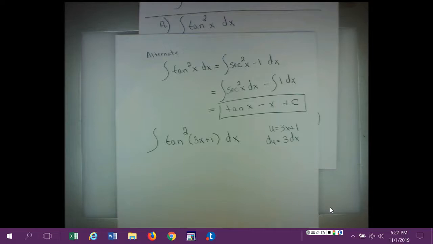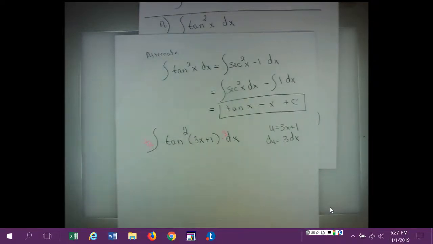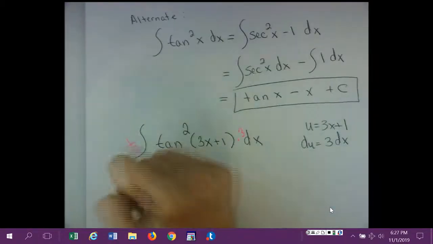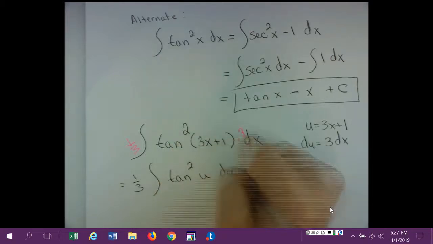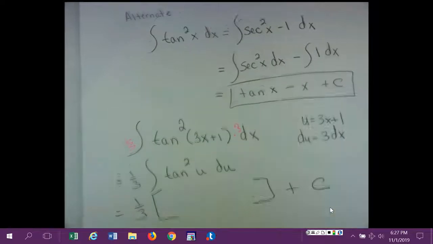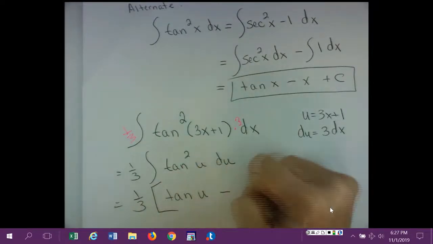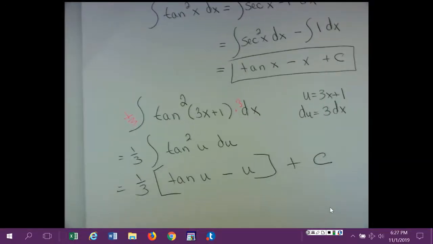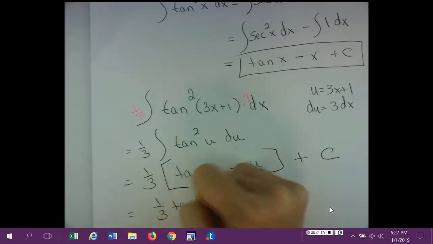I'll even be so quick as to put a 3 on the inside and a 1/3 on the outside with a different color. And that's going to be 1/3 tangent squared u du, which, blue box special, notice how I put the overall plus c on the outside, is tangent u minus u. Do not put tangent x minus x. And you can distribute the 1/3. 1/3 tangent of u.